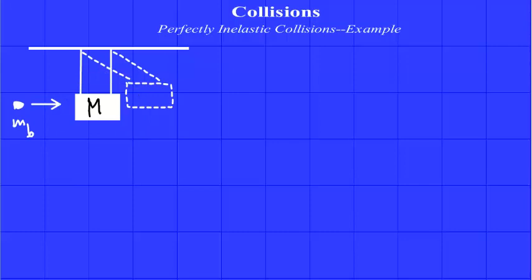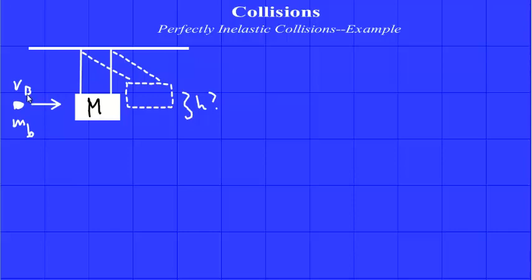The block, as a result, will rise up. We want to calculate how high the block rises. If we were able to measure that, then we could work backwards and solve for the velocity of the bullet. So again, it's a low-tech way of getting a measurement of a high-speed object.